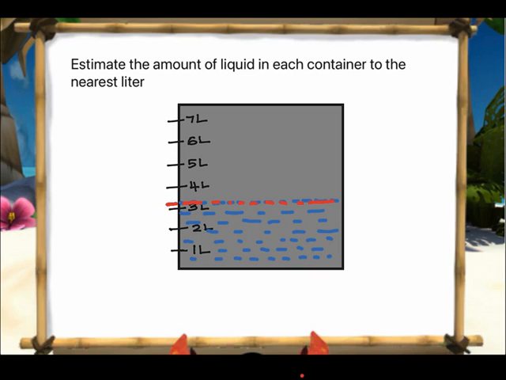Here in this picture, the top level of the liquid is shown in the red dots. The level is less than halfway to the next liter, 4 liters. So we can estimate that there are only about 3 liters of liquid. What we learned is, if it is more than halfway, then we should say 4 liters, and if it is less than halfway between 3 and 4, then we should say it has 3 liters.